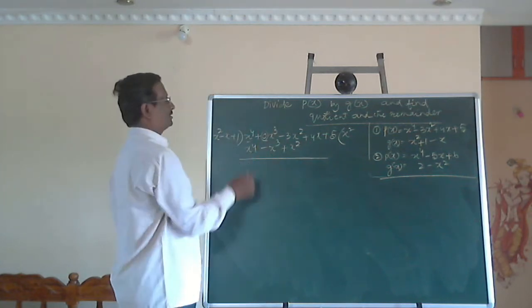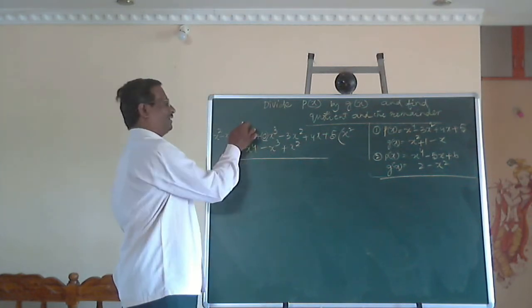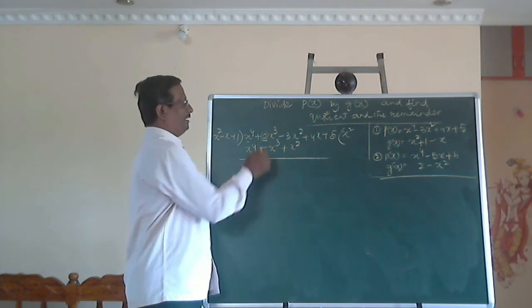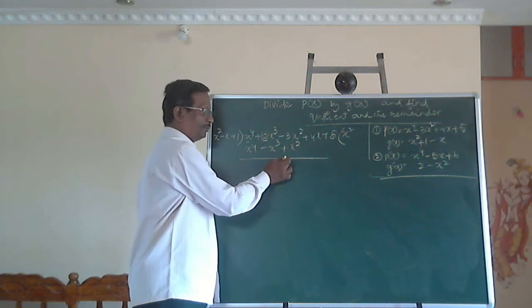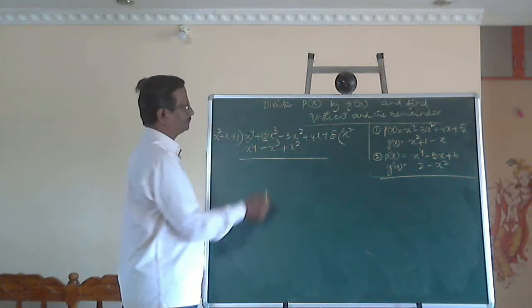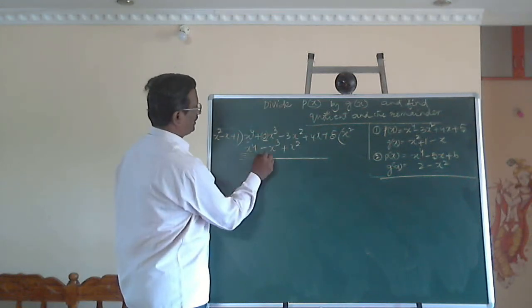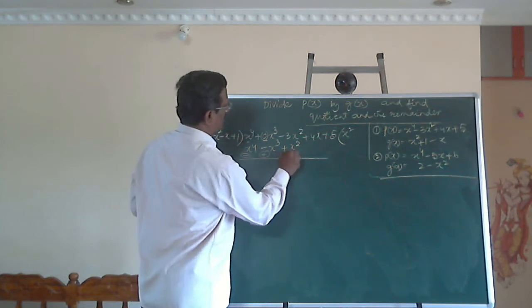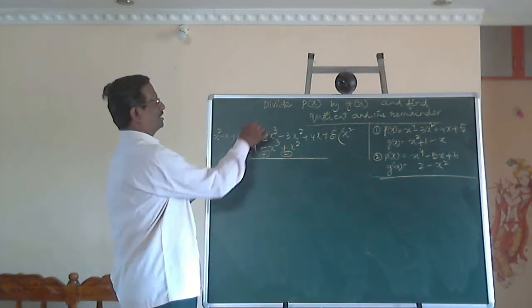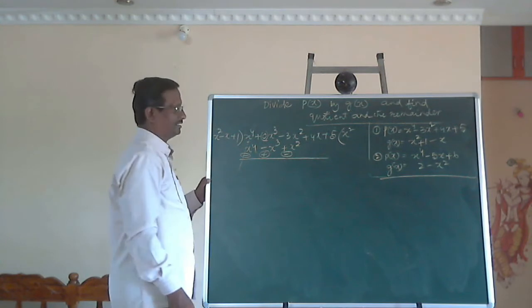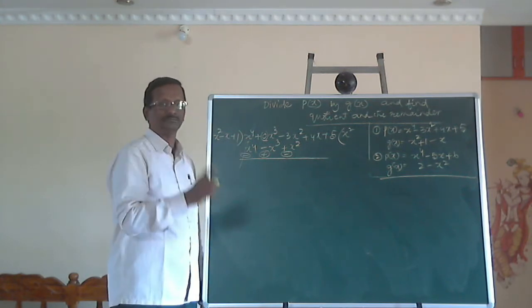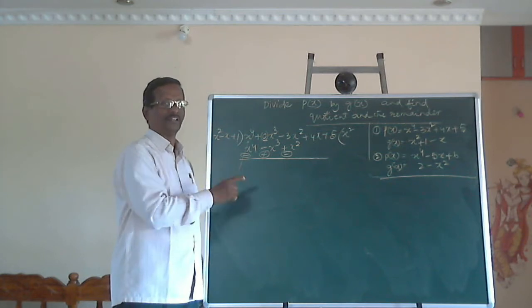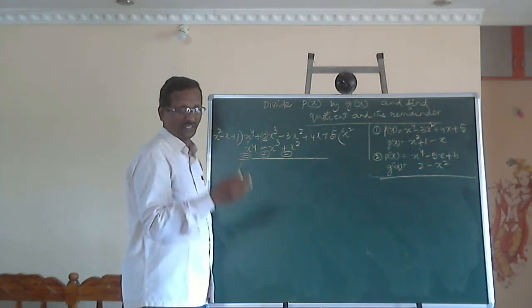While writing the product, x to the power 4 term exactly under x to the power 4, x cube term exactly under x cube, x square term also it should be under x square term. On subtraction, the sign changes and then with opposite sign we do addition. This is getting cancelled. Always in the division, this first term is getting cancelled. Every time one term it gets cancelled.